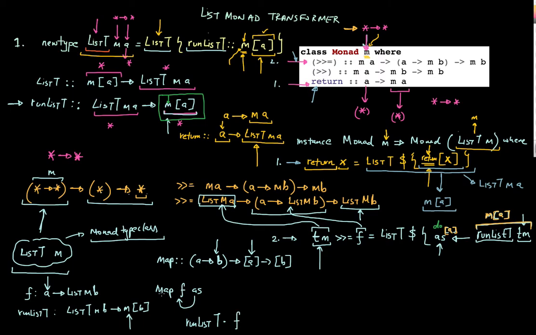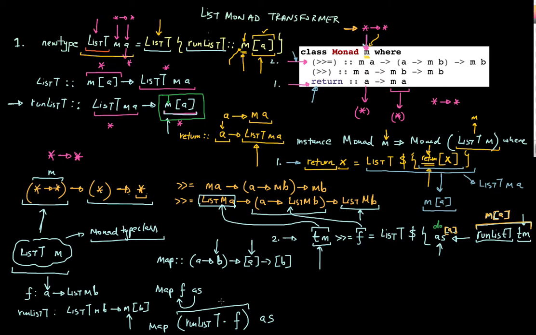So in this case, I can just rewrite this map m f as map of run list t function composition with f, and then pass in my as.